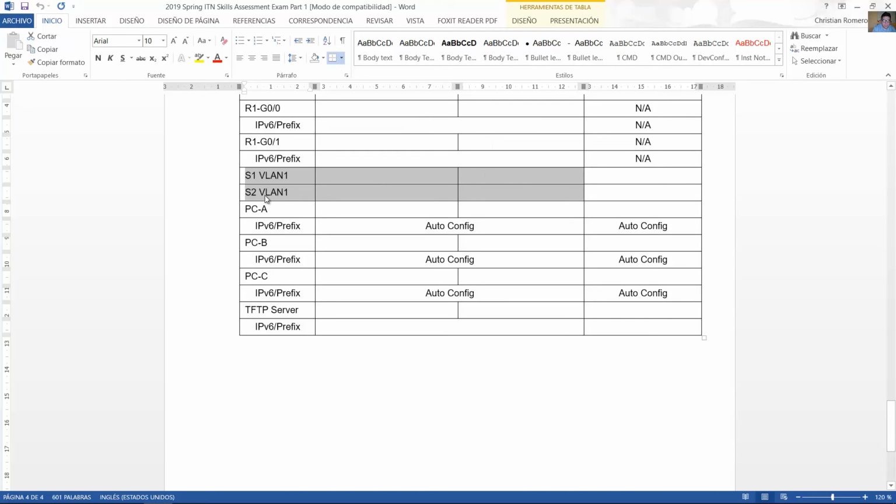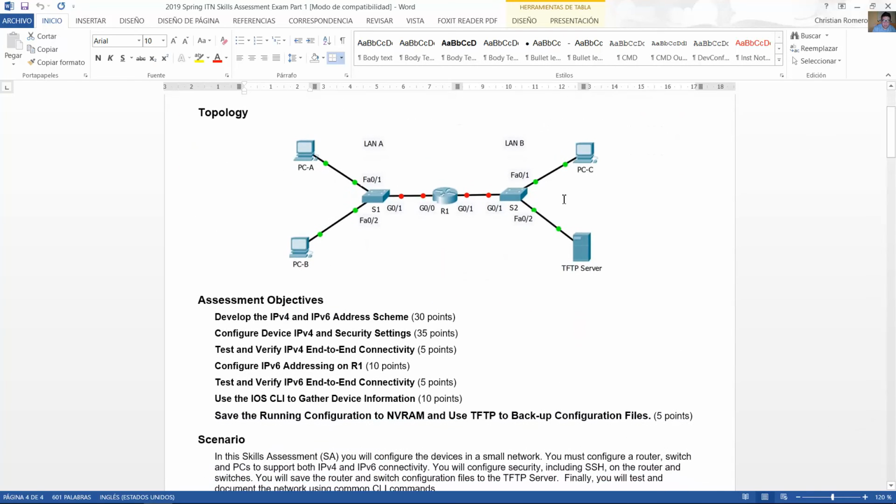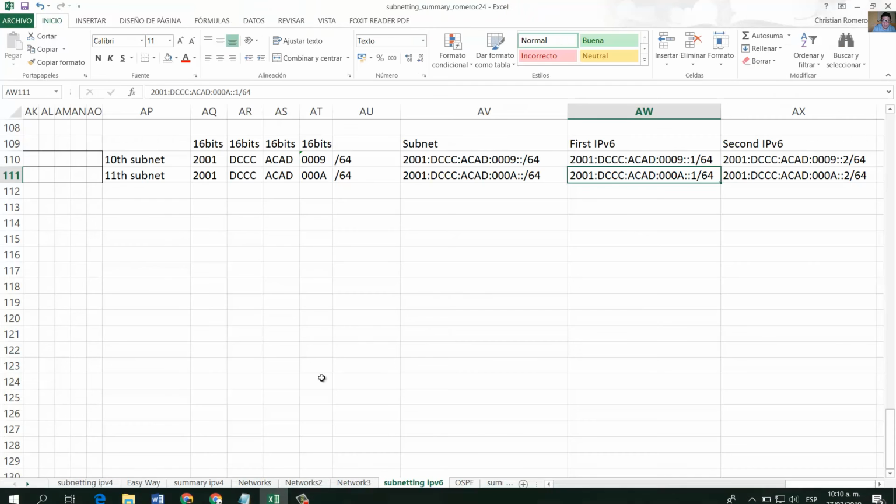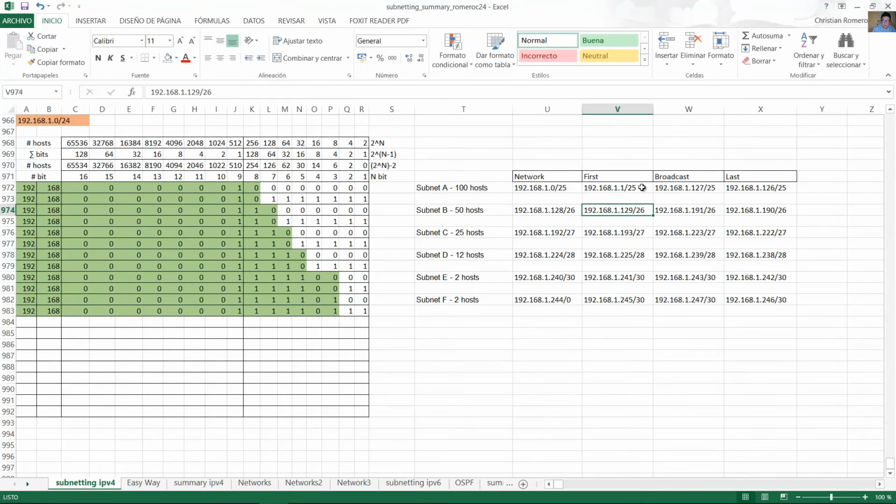Switch 1 VLAN 1 and switch 2 VLAN 1. Switch 1 VLAN 1 is placed on LAN A and switch 2 is placed on LAN B. Okay, and switch 1 VLAN 1 can be configured with any IP in the range from 192.168.1.2 to 192.168.1.126, any in that range.